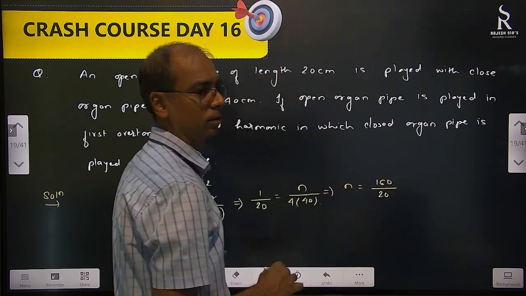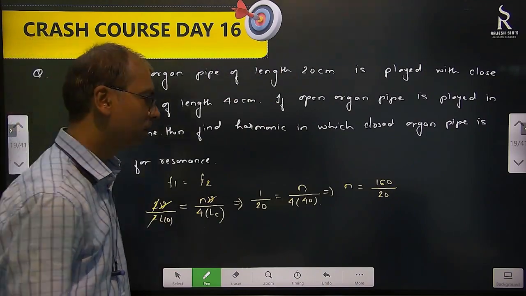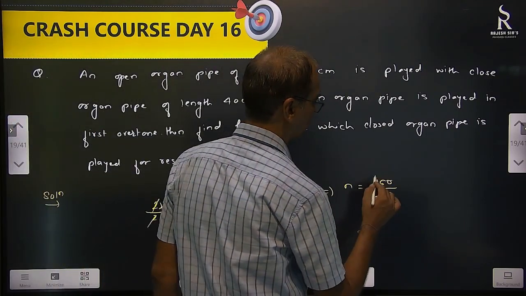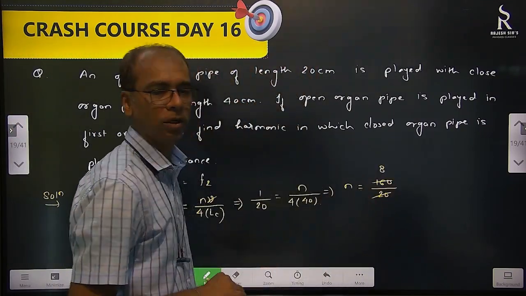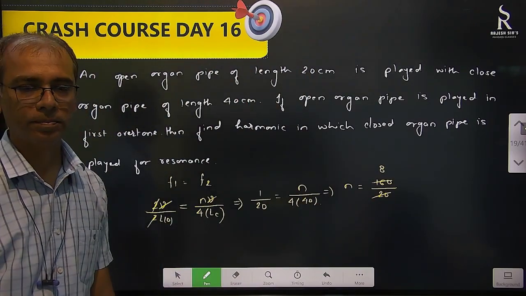N is coming 8. The 8th harmonic is not possible in that, because even harmonics are not possible in a closed pipe. It has to be odd harmonics all the time.